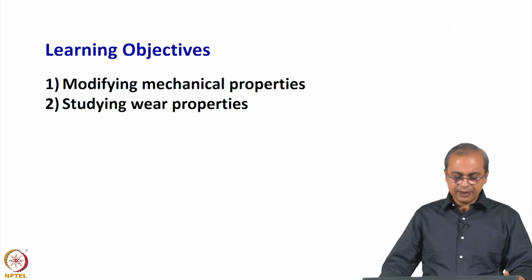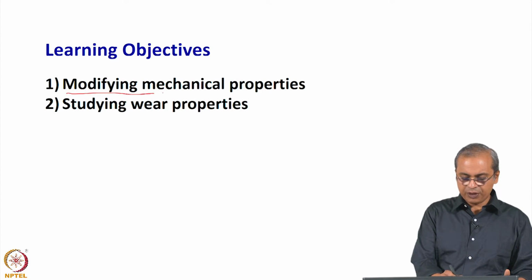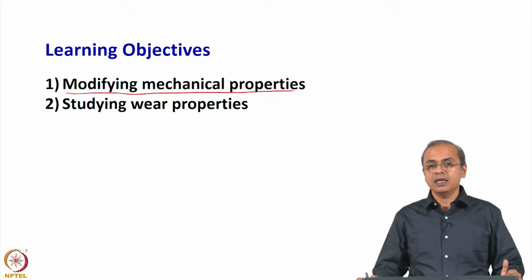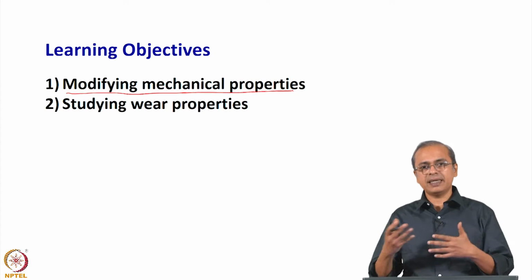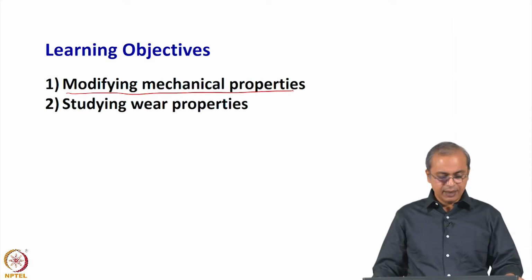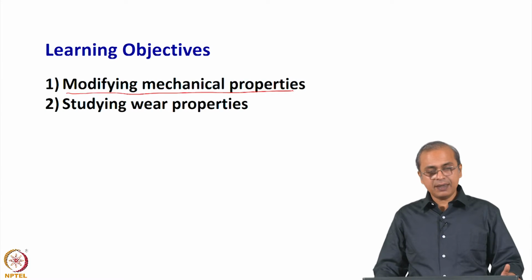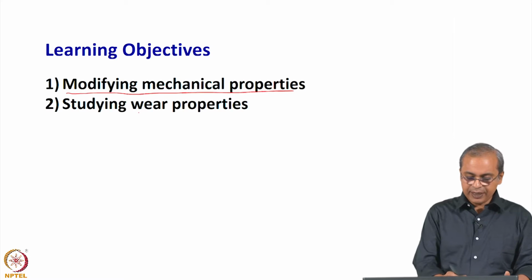So, our learning objectives for this class are how we would go about using severe plastic deformation for modifying mechanical properties. We already looked at it, so I will at least look schematically at what the data might look like and generalize what you might expect from it. And one aspect which we did not look at before is the wear property.